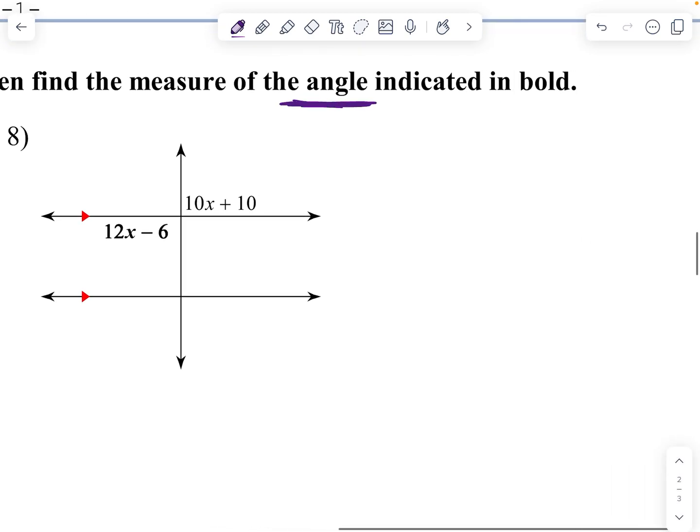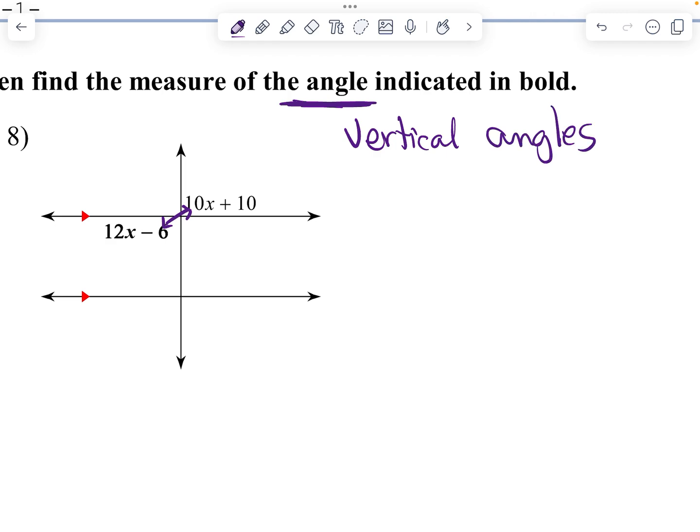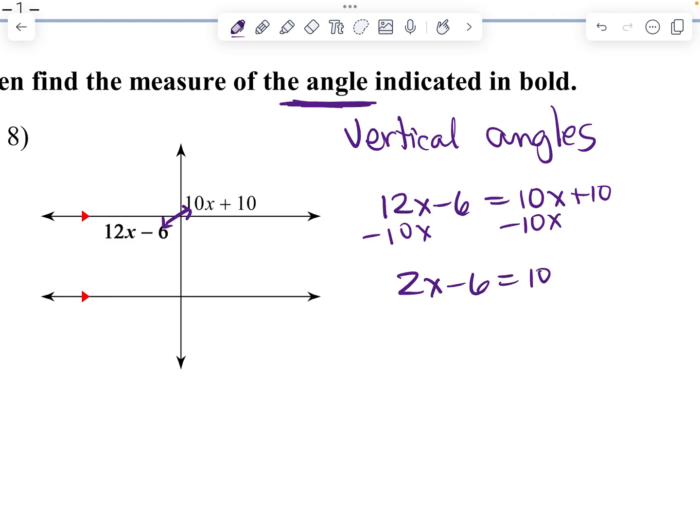Okay, this one. These two are across from each other. That means these are vertical angles. And since they're vertical angles, they are equal to each other. So 12x minus 6 equals 10x plus 10. I subtract 10x from both sides. I get 2x minus 6 equals 10.